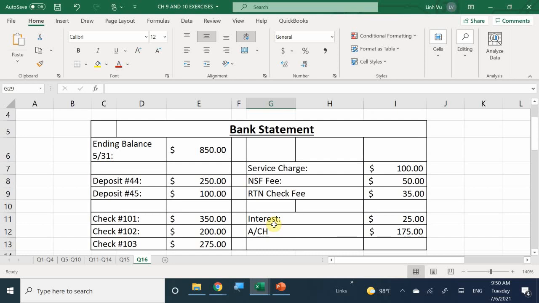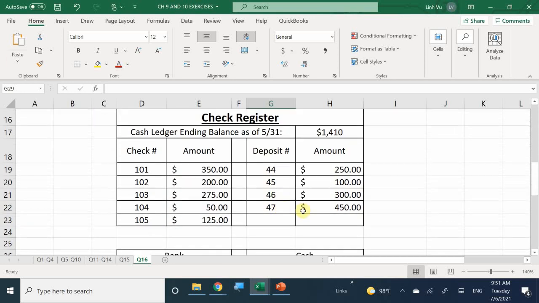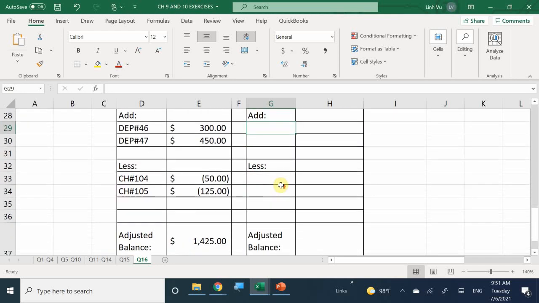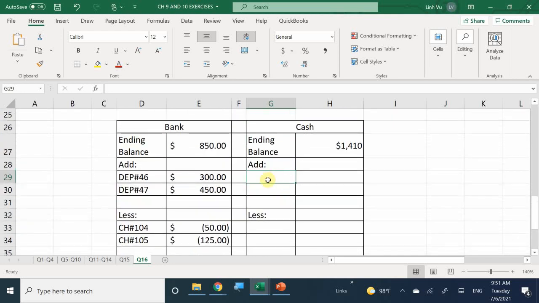In this case, for interest, I've earned a total of $25. And for ACH, which stands for Automated Clearing House, I've earned a total of $175. Therefore, I have to add that to my account, because that is money that I earned for setting up my bank account, for allowing me to collect money using the bank account.